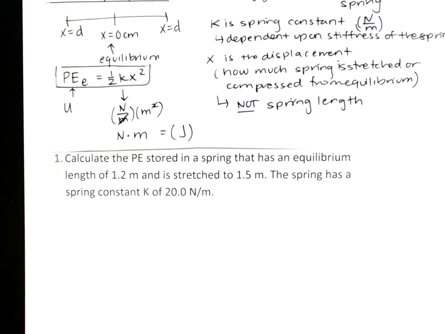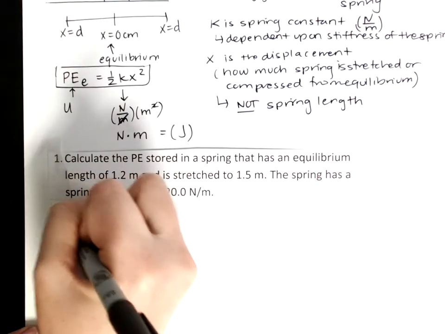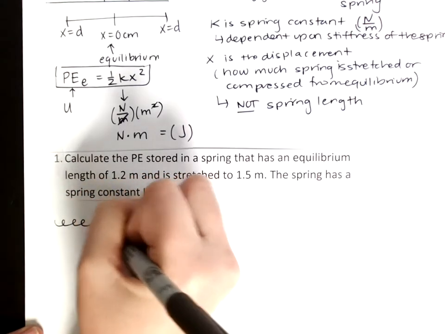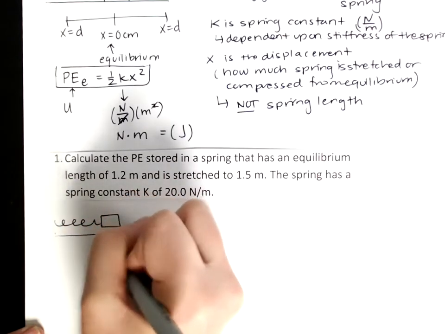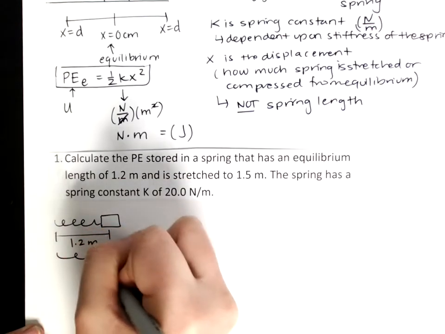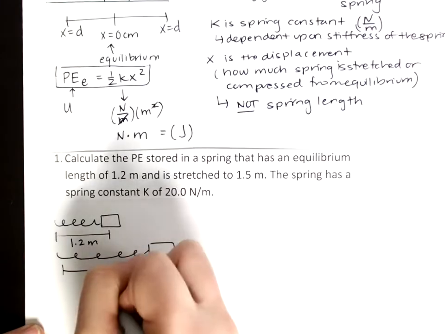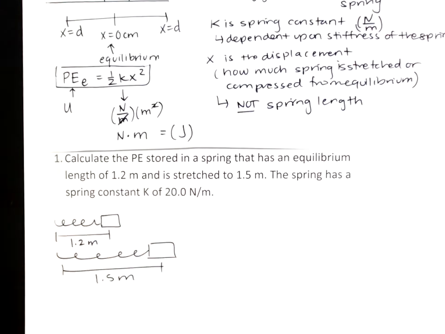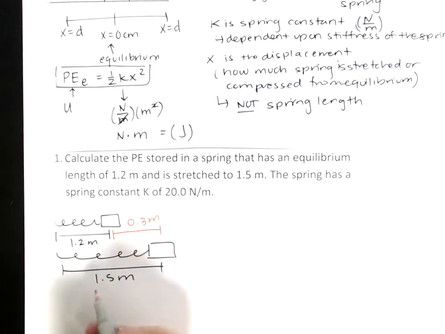The spring has a spring constant of K equals 20 Newtons per meter. So basically our scenario looks something like this. This is its equilibrium length. It has a total length of 1.2 meters, and then it is stretched to 1.5 meters. So its displacement is the difference between these, which is 0.3 meters, if you subtract 1.2 from 1.5.